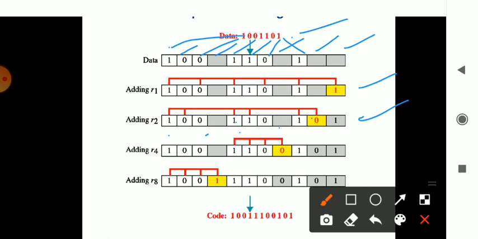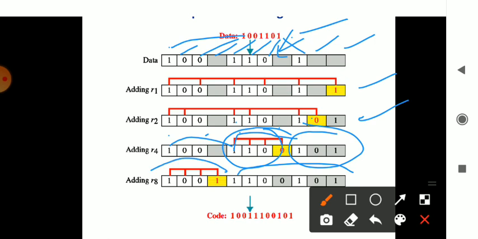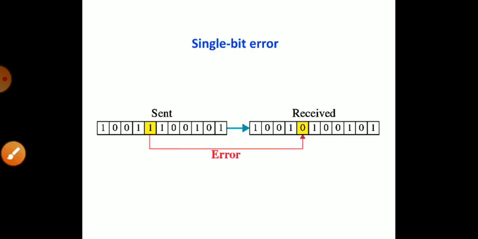And R4 is take 4, leave 4. Since these are parity bits, you are not considering them; it will be considered from the P4 bit. From here you take 4 and leave 4, take 4, leave 4. Take 8, leave 8. Like that the concept is, adding R8.